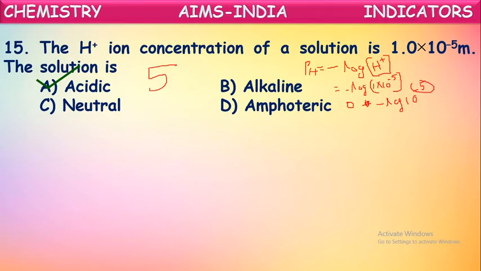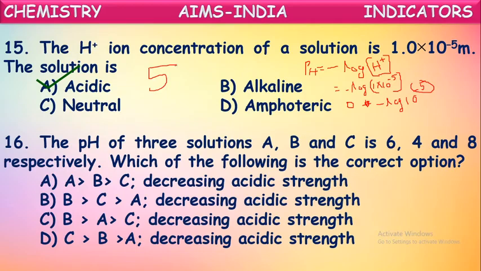If we know the pH value, we can identify what kind of substance it is. If the pH value is between 0 to 7, the solution is acidic. If it is between 7 to 14, the solution is basic. If it is exactly 7, then it is neutral. Now we got the pH value as 5, so the solution is acidic.